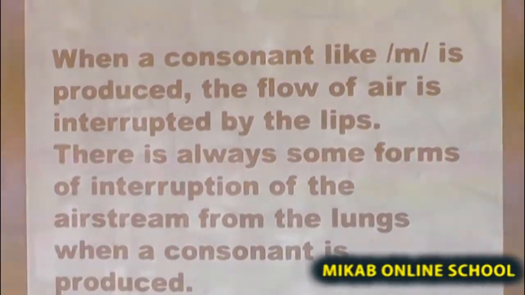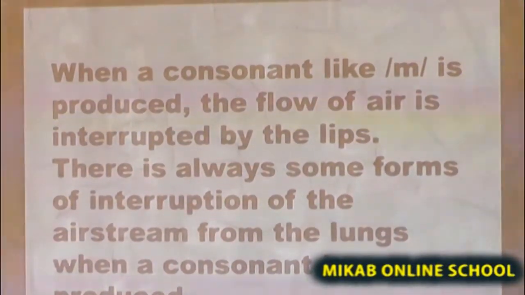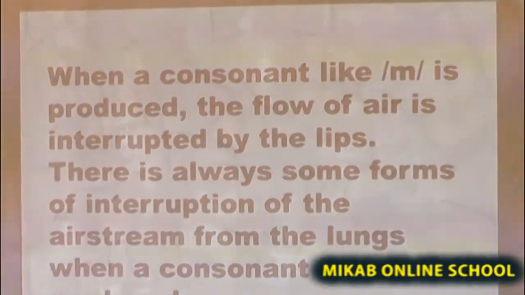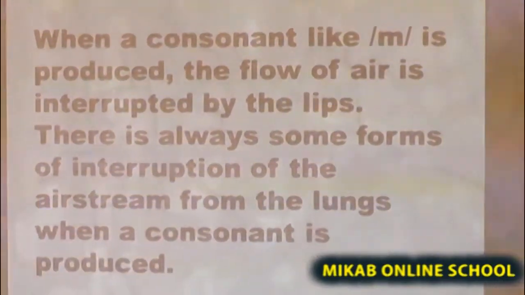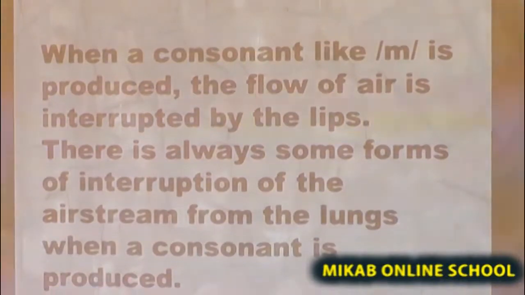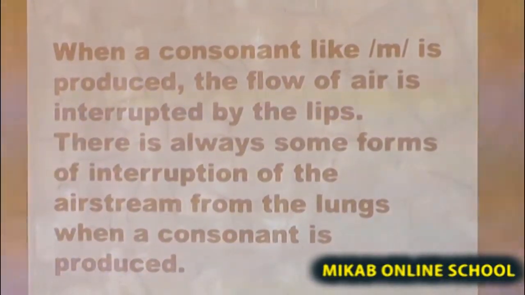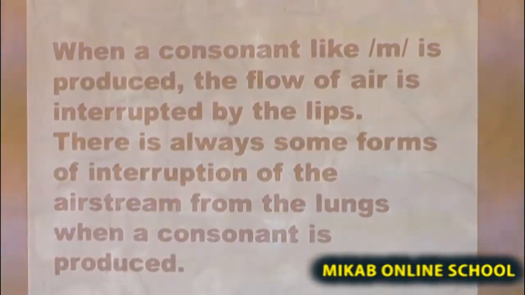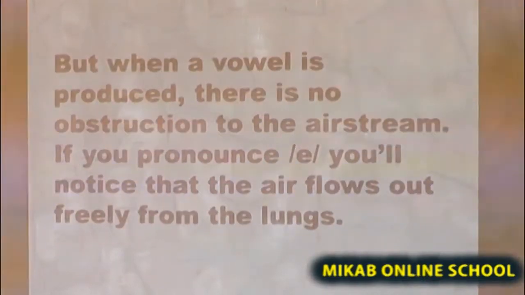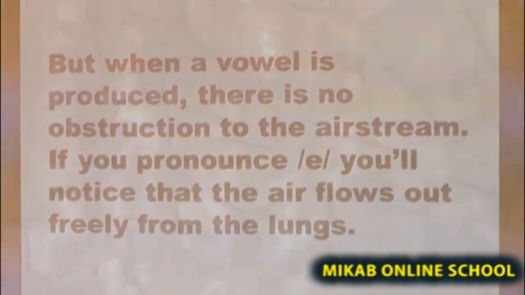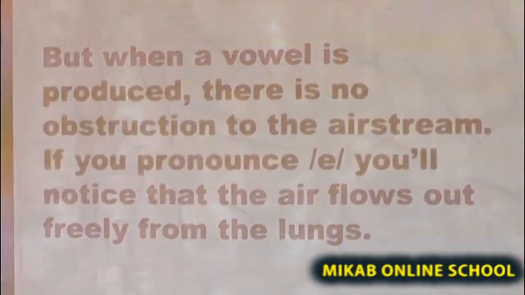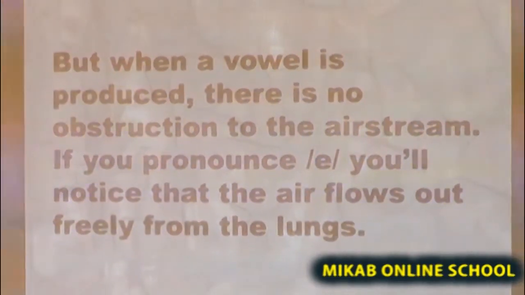Unlike the vowel sound, where there won't be any interruption. There is always some form of interruption of the airstream from the lungs when a consonant is produced. But when a vowel sound is produced, there is no obstruction to the airstream.